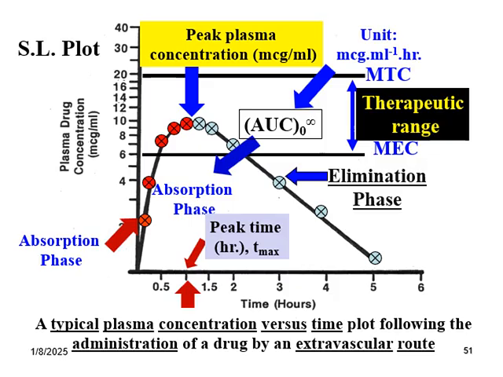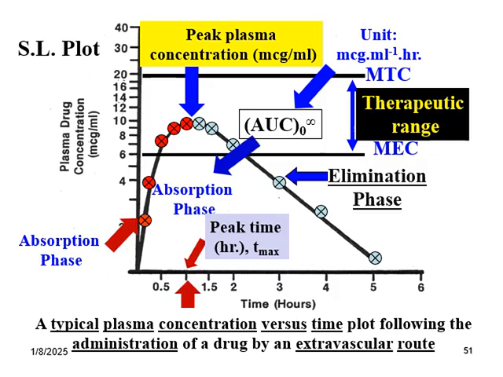Where is the elimination phase? Where is the therapeutic range? If you look at the peak, the time is the peak time, and the concentration is the peak plasma concentration. And the area under this curve is the AUC, area under the curve from 0 to infinity.